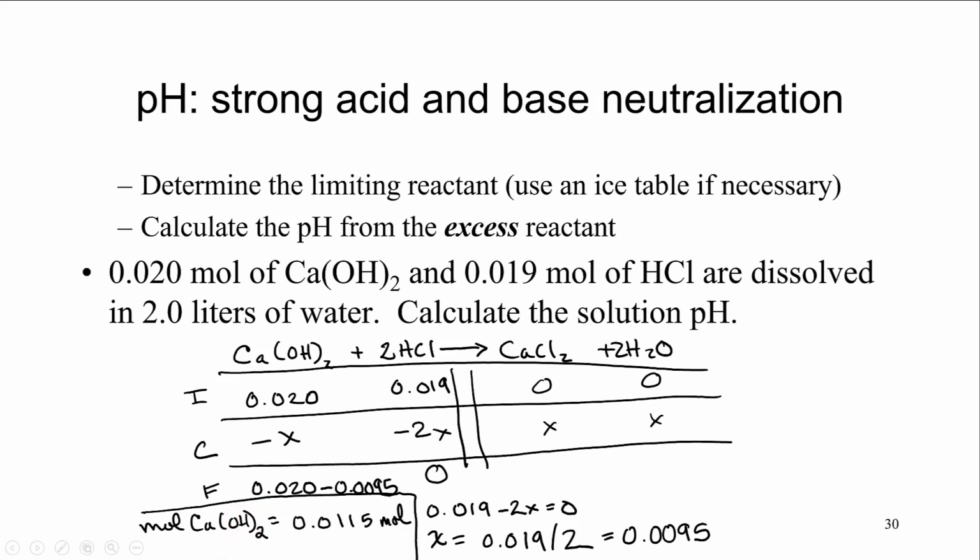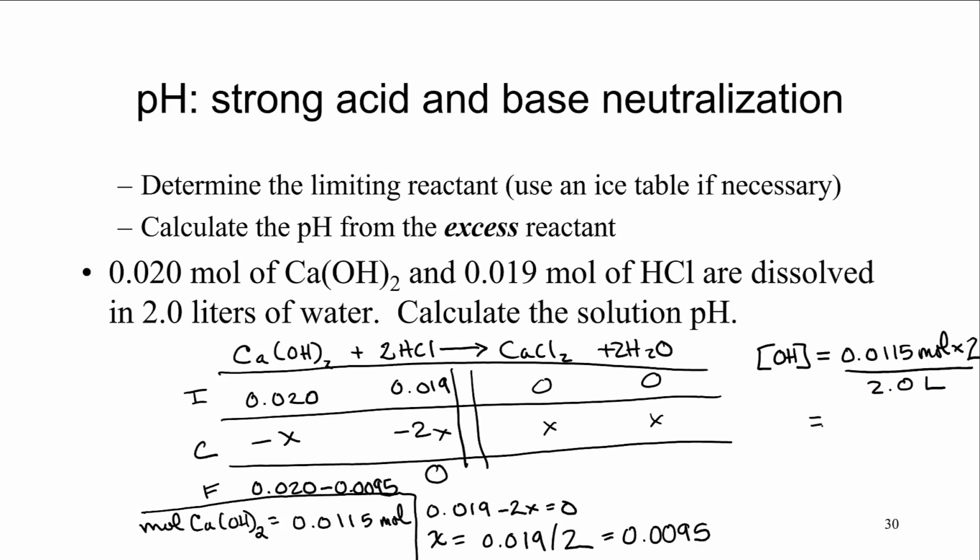So the concentration of hydroxide is going to be equal to 0.0115 moles times 2, and then it's in 2 liters. And that gives you your molarity. So the top calculation represents my moles, and the bottom is just to convert it over to molarity.